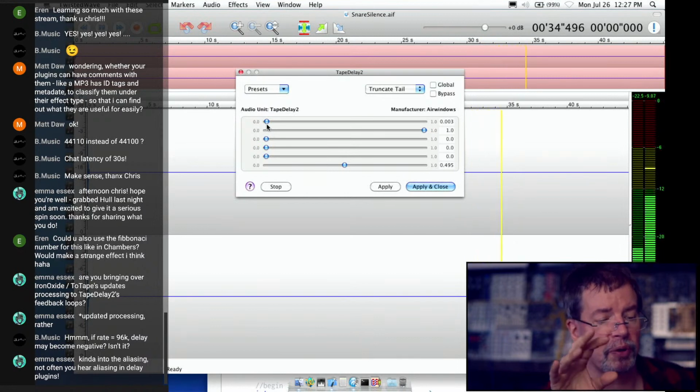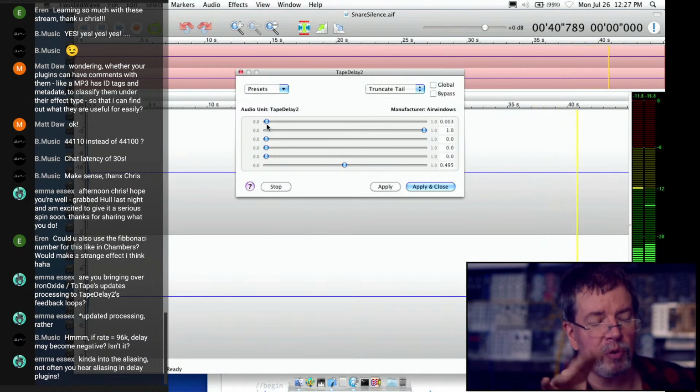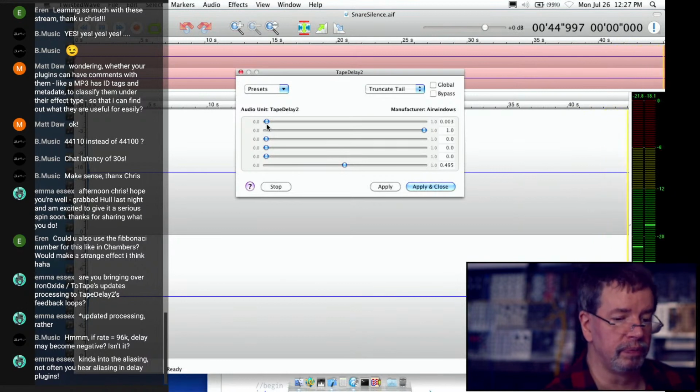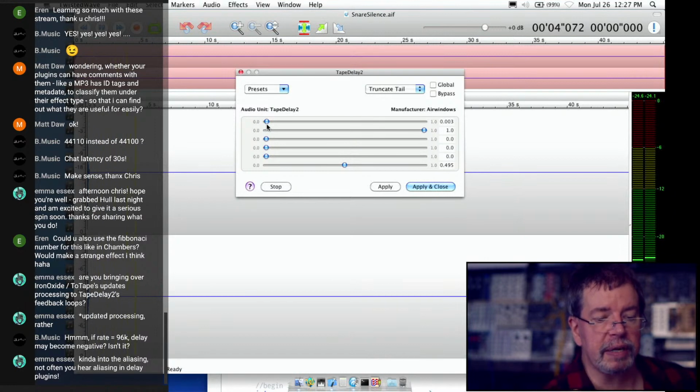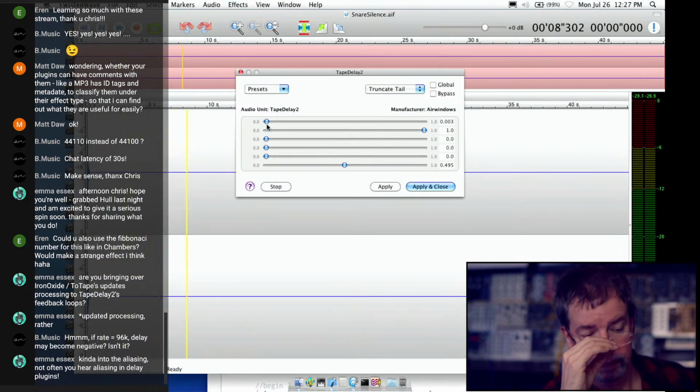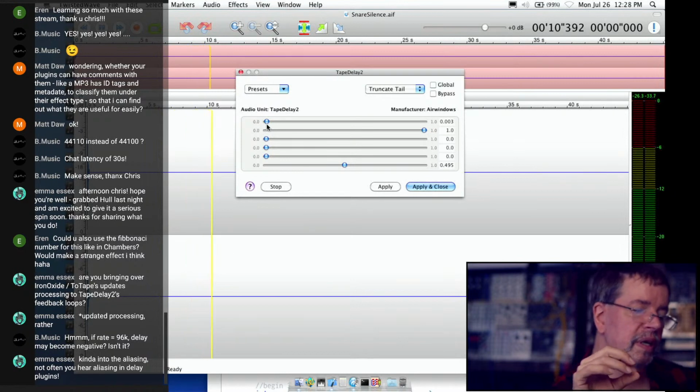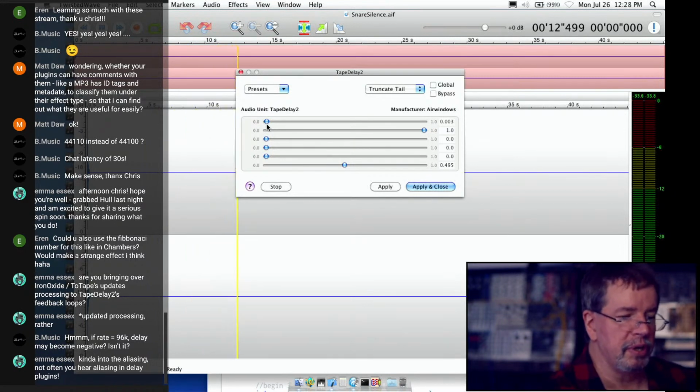So if I was able to show you this, which I can't, because I can't move the control while it's processing, so I can't render it to a file, what you would see is individual samples all spaced out.